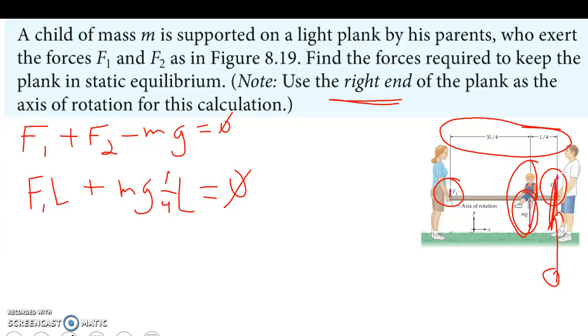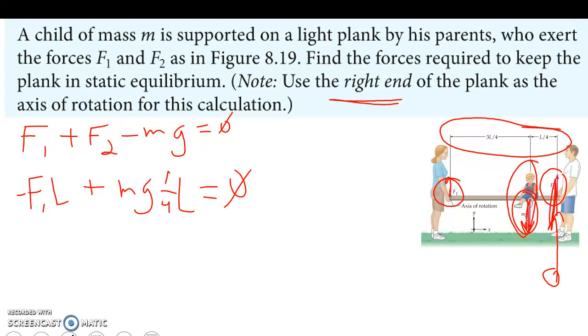One thing to think about is our directions. Torque here and torque here are going in different directions. So we make this torque negative, and this torque will be positive because of the directions that they're going.